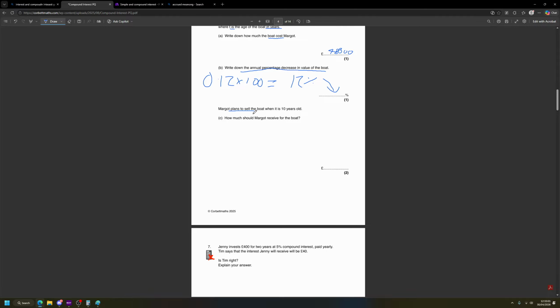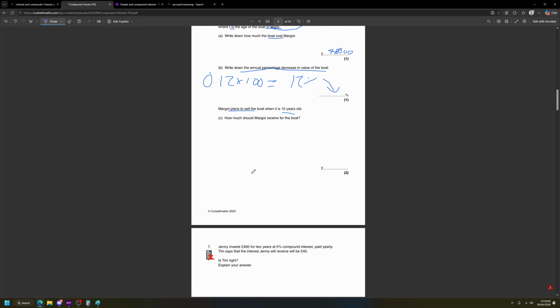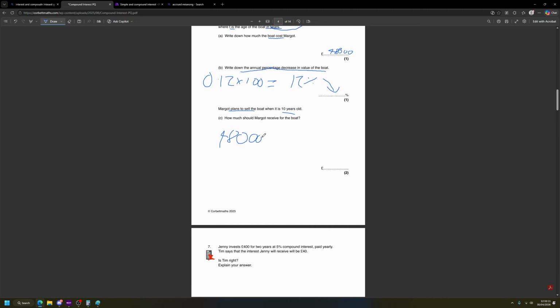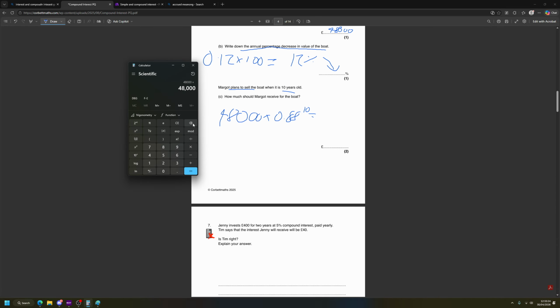And Margot plans to sell the boat when it's 10 years old. And that's easy, we're just using this equation here, right? So 48,000, I thought it was an extra 8 there, my bad, multiplied by 0.88 to the power of 10. It's a calculate question.